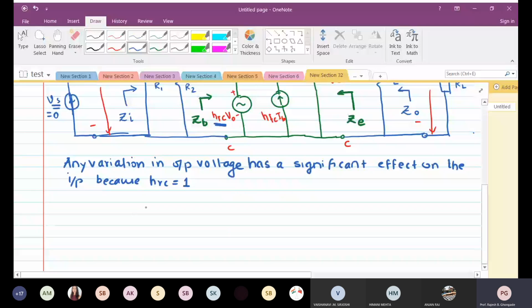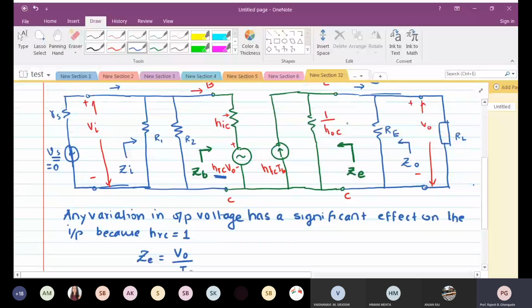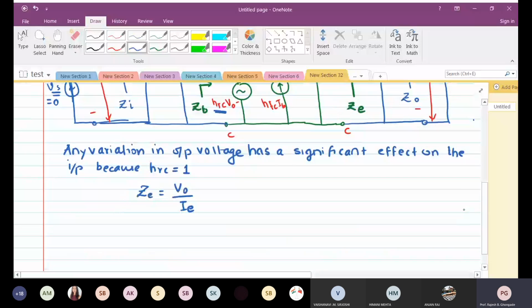I should have the ratio of voltage to current, that is the output voltage to the output current of the device, that is IE. That is how I will be able to find out ZE. Now IE is equal to what? HFC into IB. We already know this.